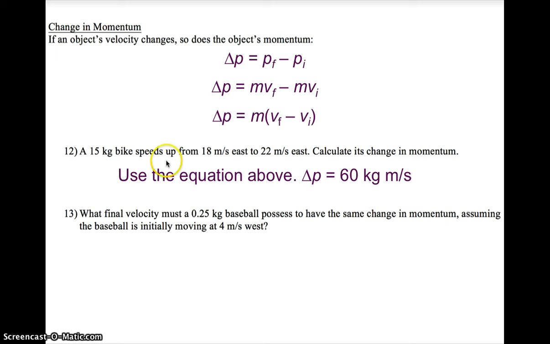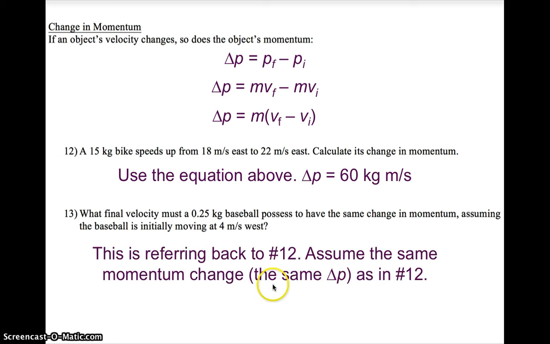So once you use the equation for 12, you get the value of positive 60 kilograms meters per second. For 13, you have to refer back to number 12, use the change in momentum from 12. So it's assuming the same momentum delta P from 12, that's 60. You plug in 60 right here.